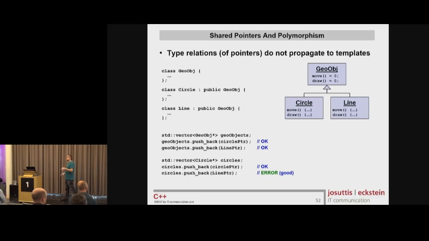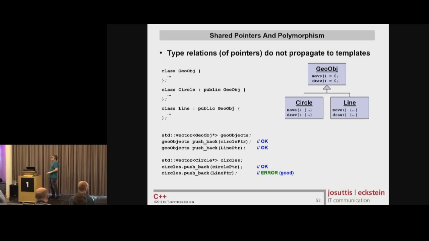And that is implemented in the logic of templates. The way the language can do that is they say, if there is an is-a relationship between types, this relationship does not propagate if I pass these types as a template parameter. That's the way we realize this rule.